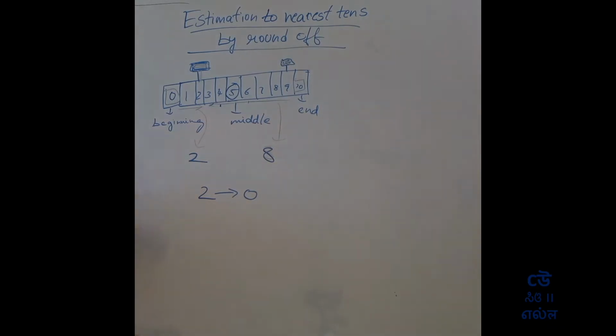Next, we have another box near which number? 9th number. See, we have this box near the 9th number. So to see 9, you have to count from the beginning. How many positions far is it? 0, 1, 2, 3, 4, 5, 6, 7, 8. 8 positions from 0.